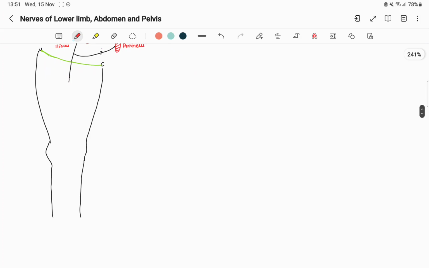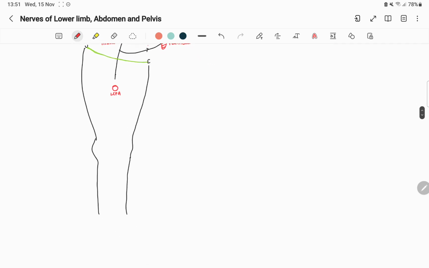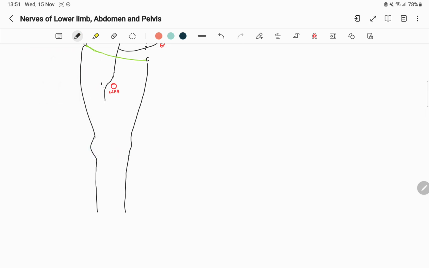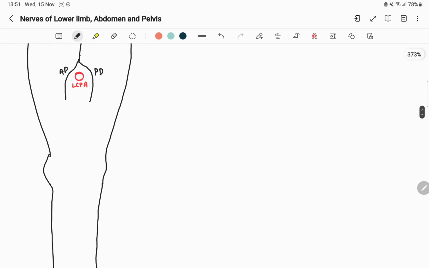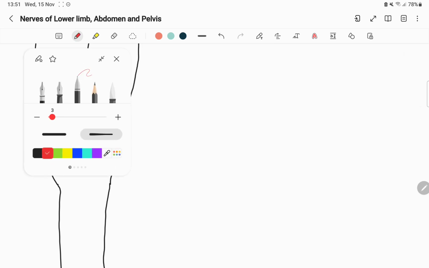Then it goes down and divides at the level of the lateral circumflex femoral artery, LCFA, into two branches: the anterior division and the posterior division. Let's discuss these. The anterior division will first give a branch to the sartorius muscle present over here.